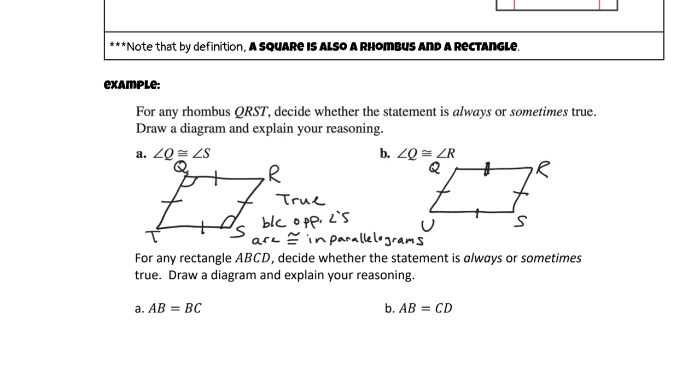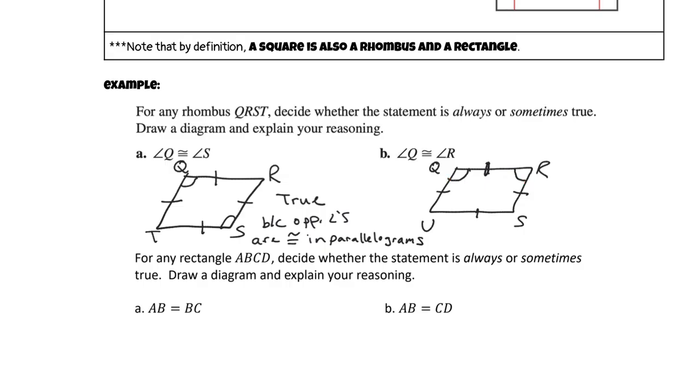So is it sometimes or always going to have angle Q and angle R congruent? So if you think about this, right now the way it's drawn, this angle right here looks obtuse, right? And this one looks acute. There's only one instance where these two are going to be congruent.